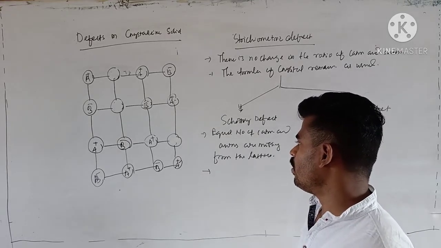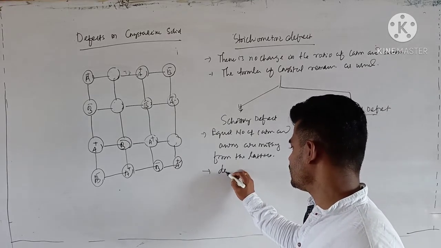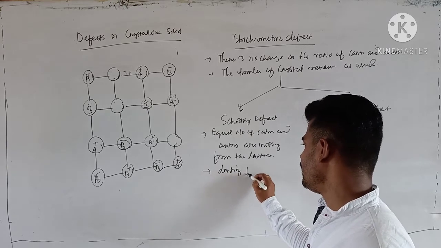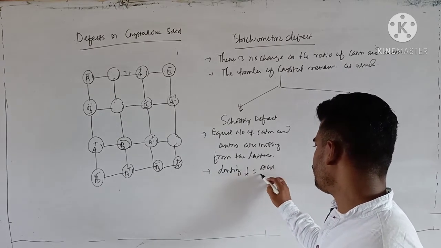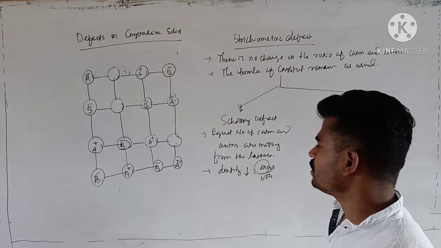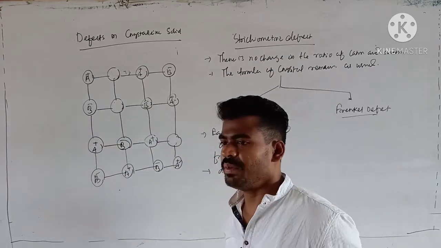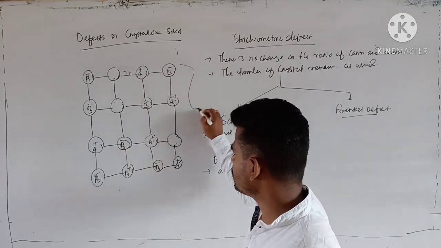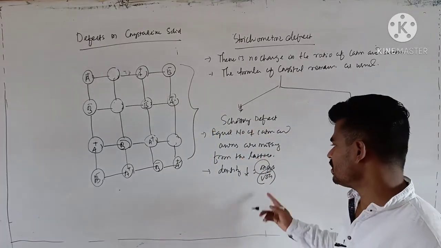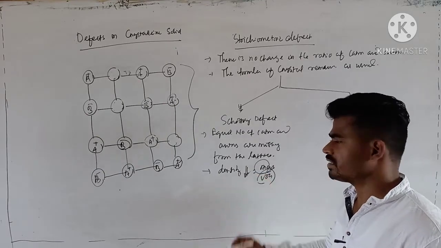And what about its density? Density definitely decreases. How? Because density is equal to mass upon volume, and due to loss of ions mass decreases, while volume remains almost the same. So density decreases in the crystal.